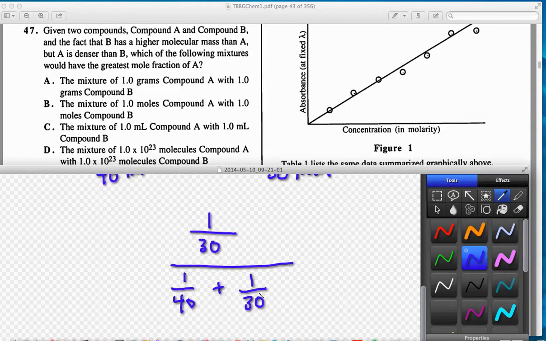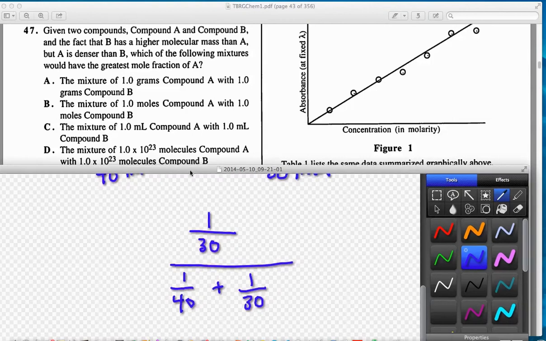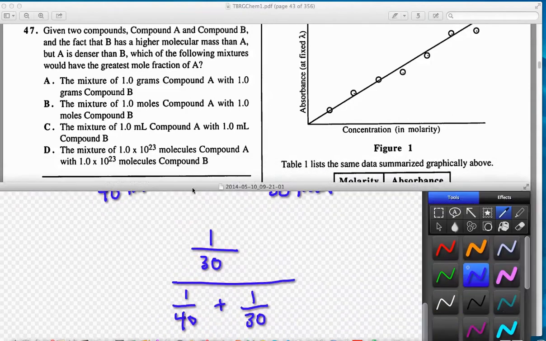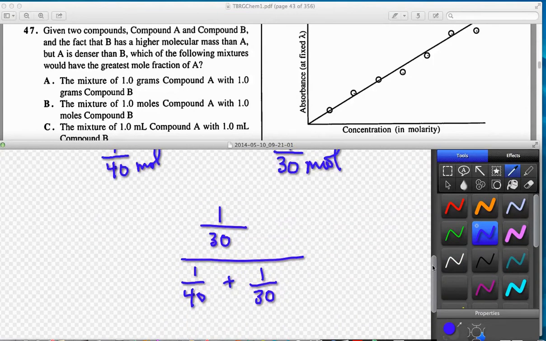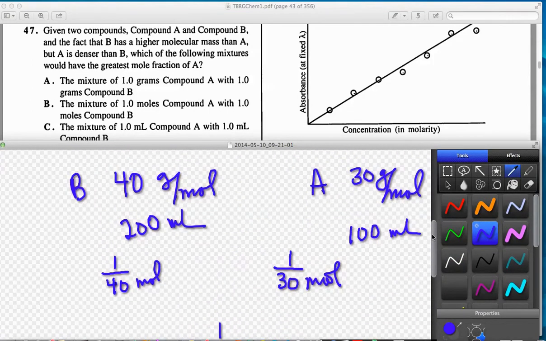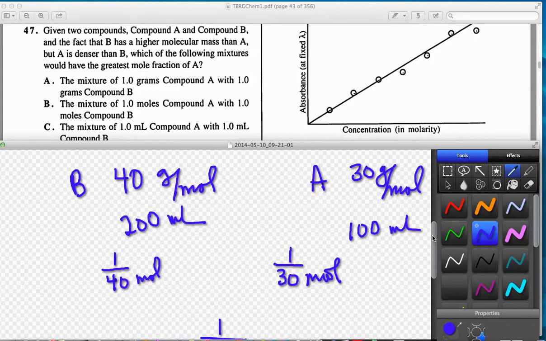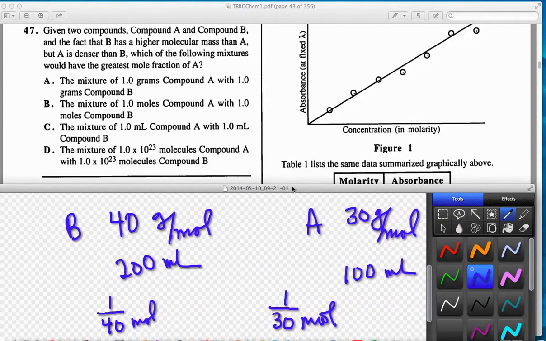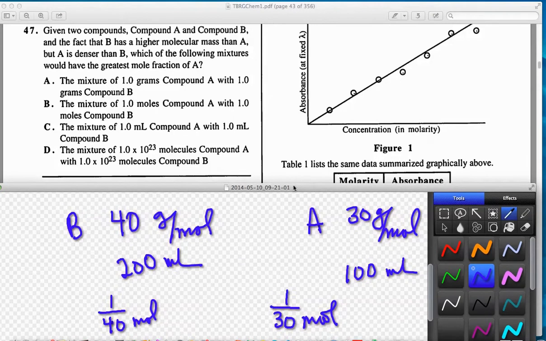See why I struggle. Well, I guess we can't. What we have to do is we have to take into account the volume as well. They're getting very devilish on this.